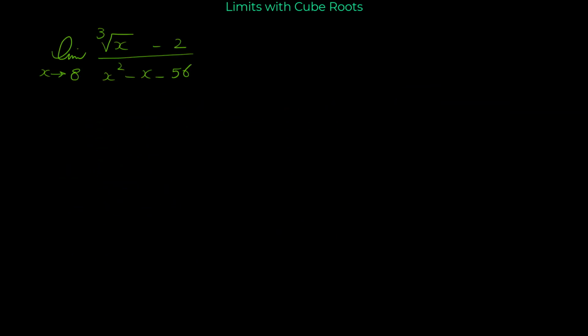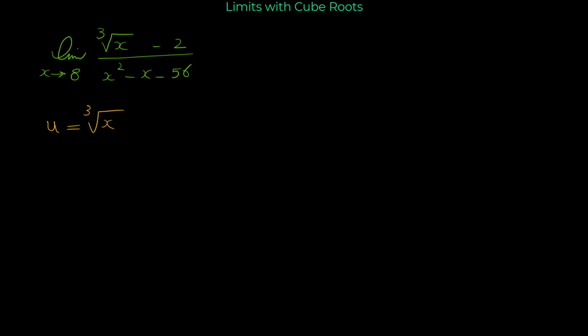Here, to get rid of the cube root of x, we use another technique: a substitution or change of variable. We suppose cube root of x to be a new variable. We name it something like u. You can use any other variable like t. So we suppose cube root of x to be u.